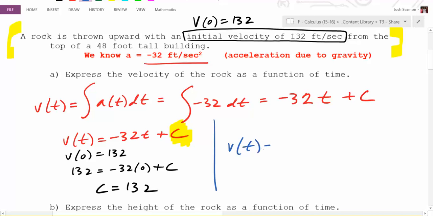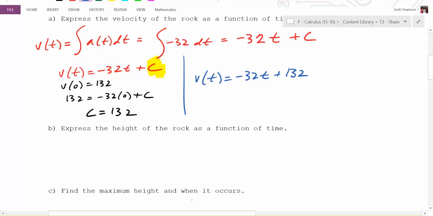So what's our final velocity equation going to be? v of t is negative 32t plus 132. What's the relationship between position and velocity? The integral. So s of t, the position, is equal to the integral of v of t dt.